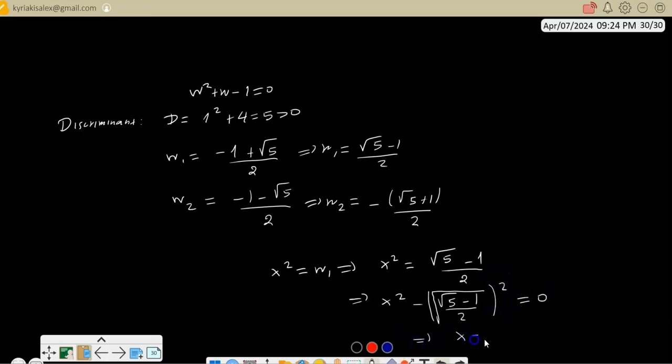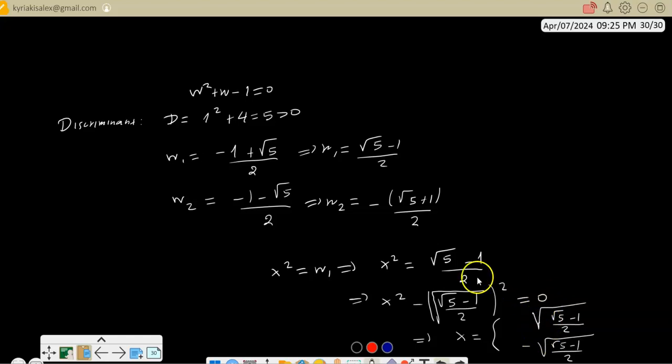And from here I get x equals plus or minus the square root of square root of 5 minus 1 divided by 2.